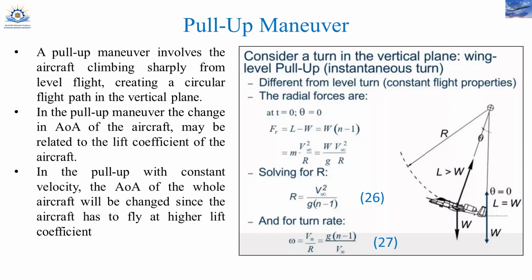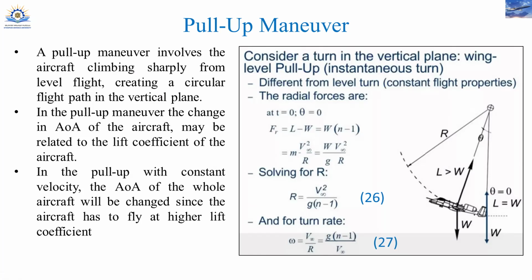Theta is a very small angle. So force is equal to lift minus weight, which is weight times n minus 1. After some rearrangement, R is equal to V squared over G times n minus 1. In the turn flight, it is G times the square root of n squared minus 1.